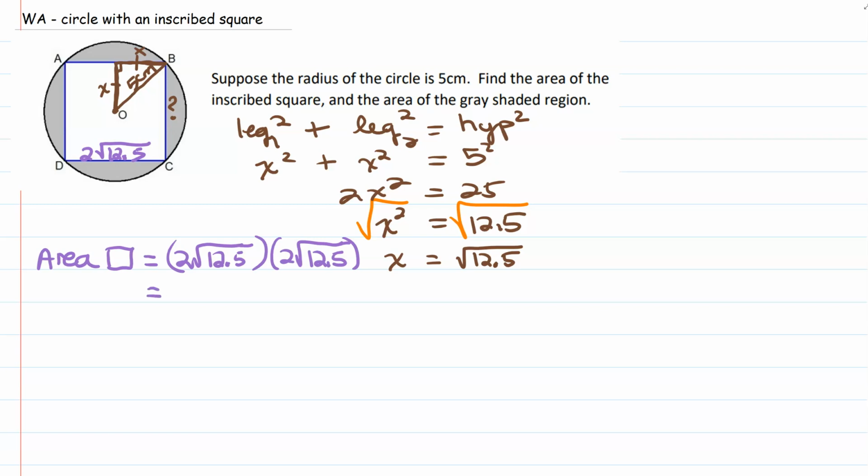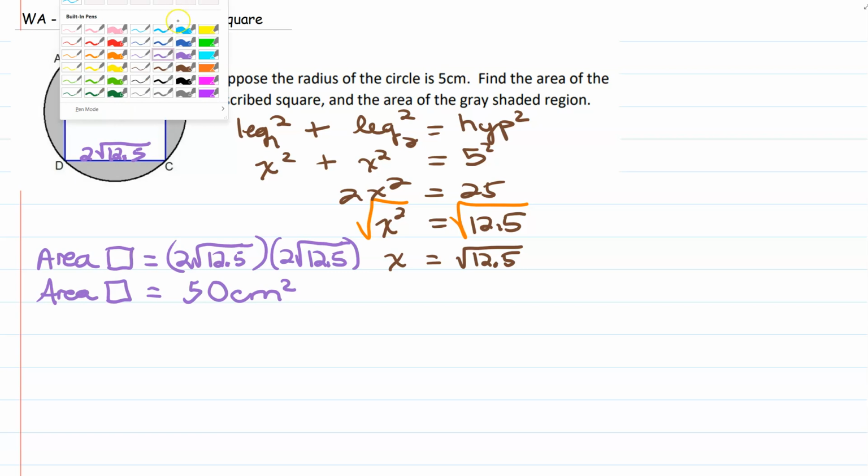So the area of the square is 50. What unit are we talking about? Square centimeters.